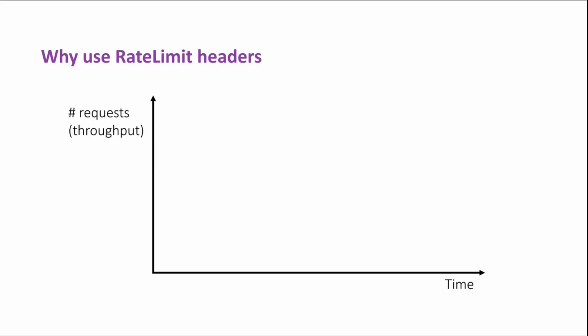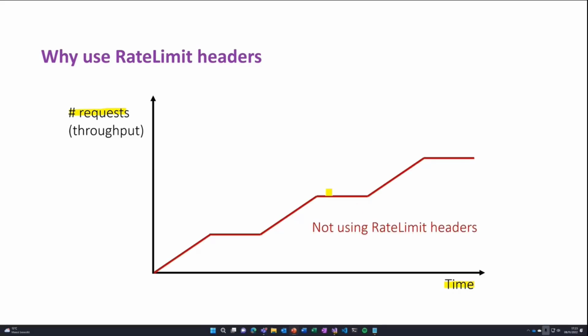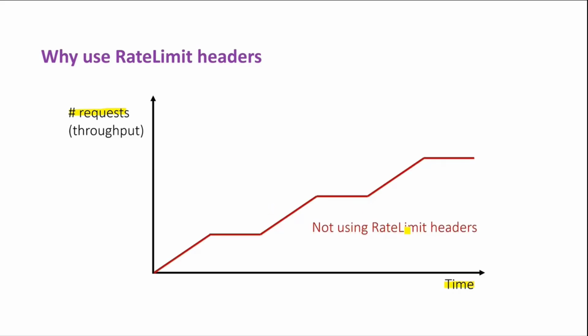And for that, I've made this graph over here, where you see the number of requests over time. So let's take the graph when you're not using rate limit headers. You launch your application, it kicks off like 5 threads, 10 threads, and they start hitting SharePoint, and you keep ramping up, and everything goes well.